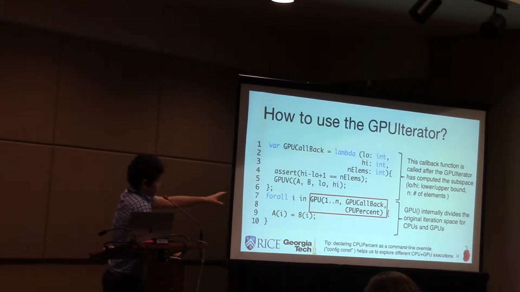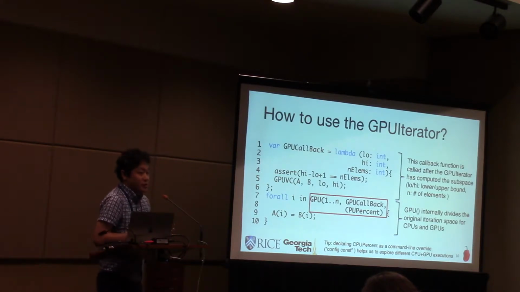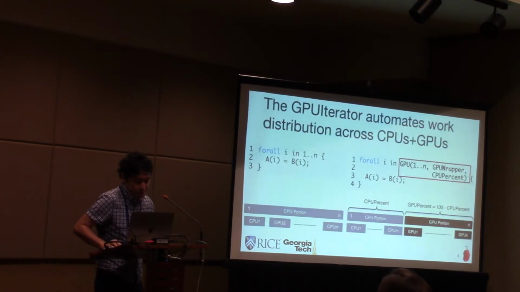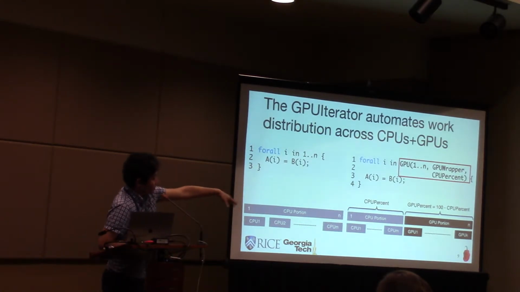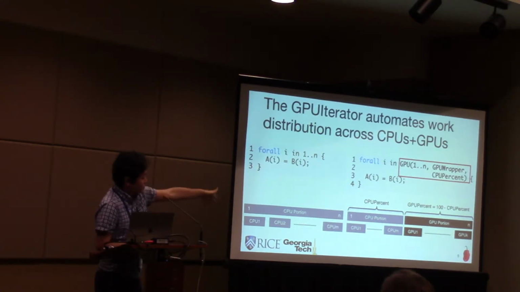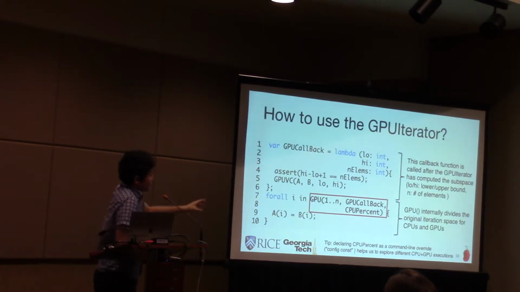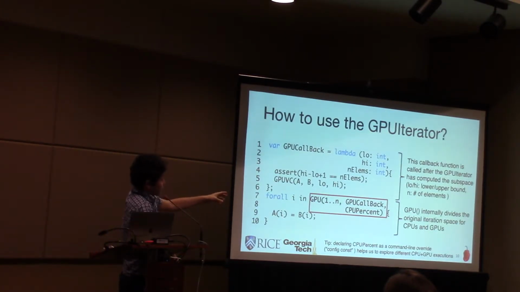The first one is the GPU callback, which is called after our GPUIterator divides the original iteration space. Recall that our code internally divides the iteration space into the CPU portion and GPU portion. After that, the GPUIterator gives some lower bound and higher bound of the divided iteration space.